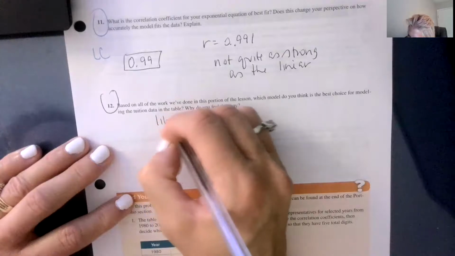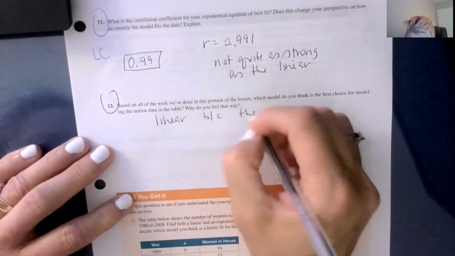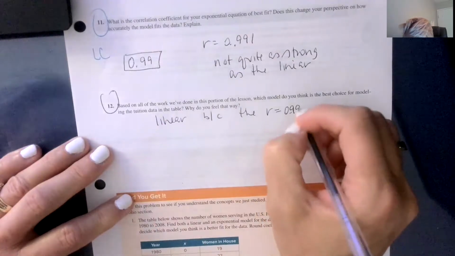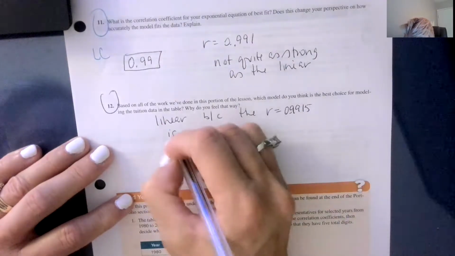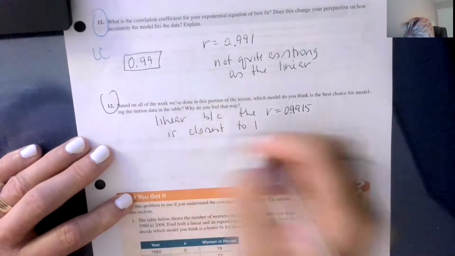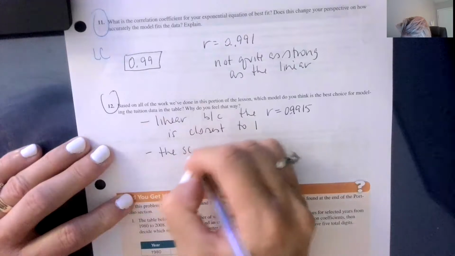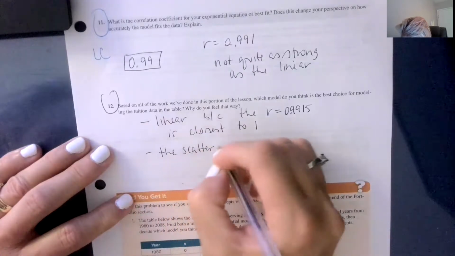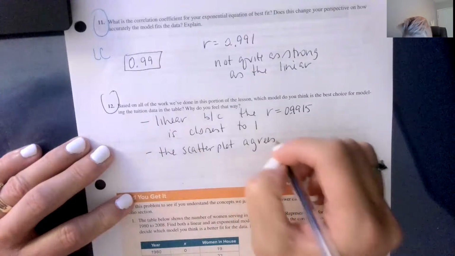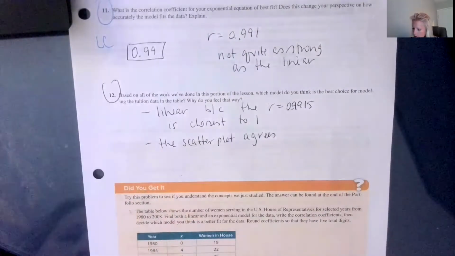So I would choose linear because the R is equal to 0.9915, which is closest to 1. The scatter plot agrees with what we said above. And those are my choices.